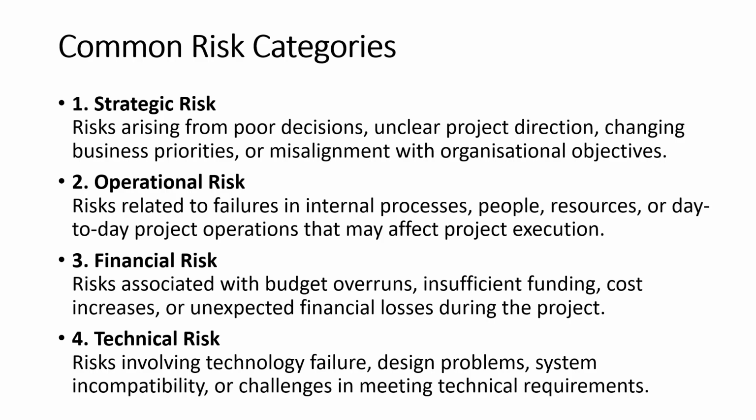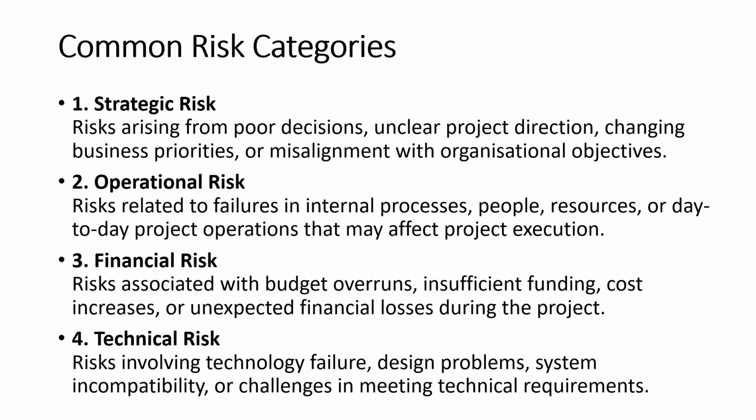The fourth is technical risks. These are risks related to technology, systems, design problems, or technical requirements. For instance, system incompatibility, software failure, or flaws in design can create significant project disruption.